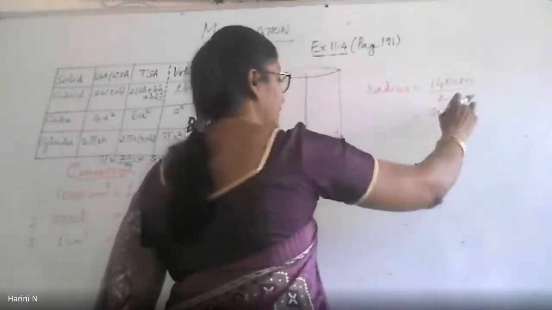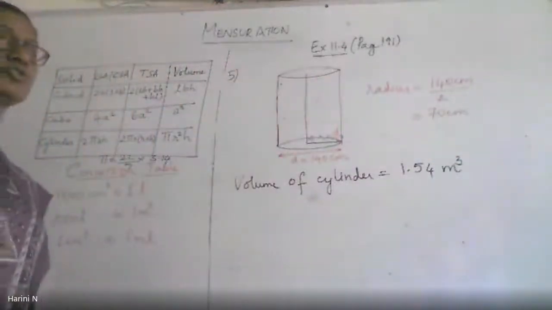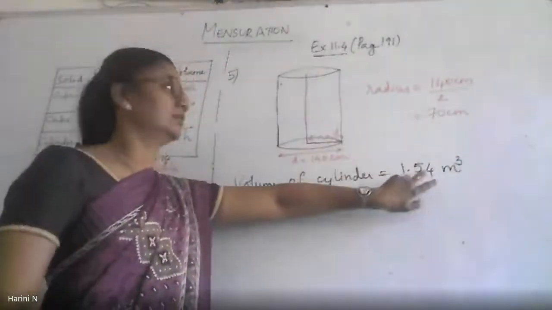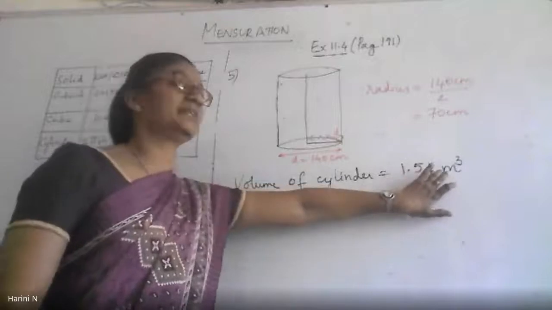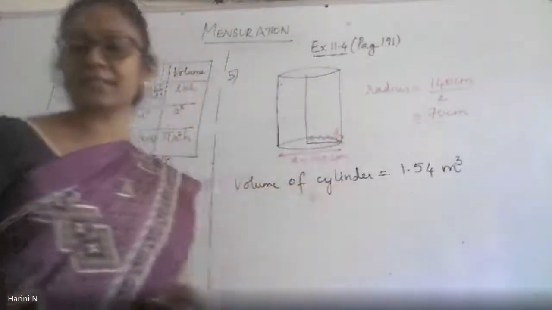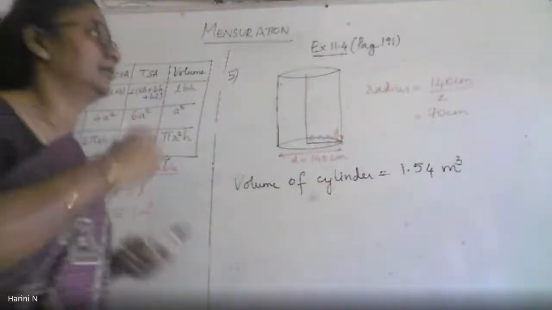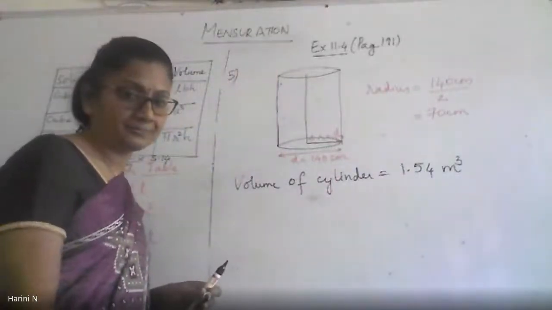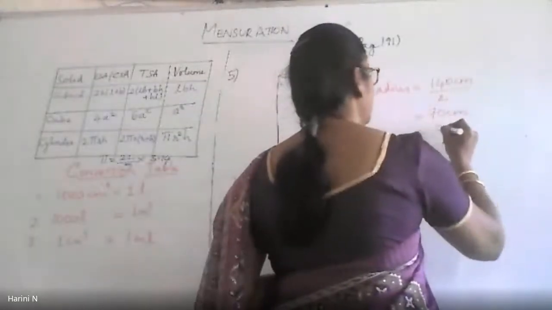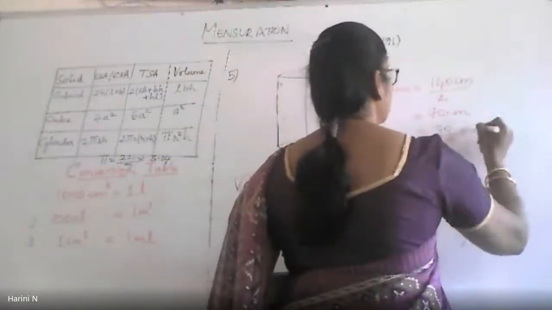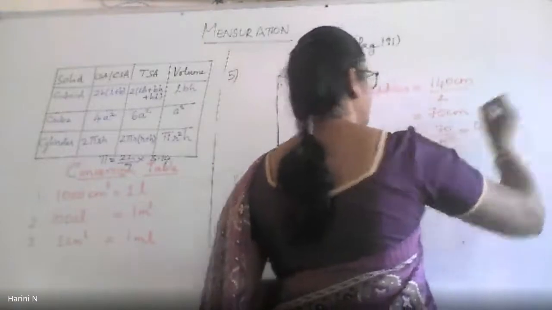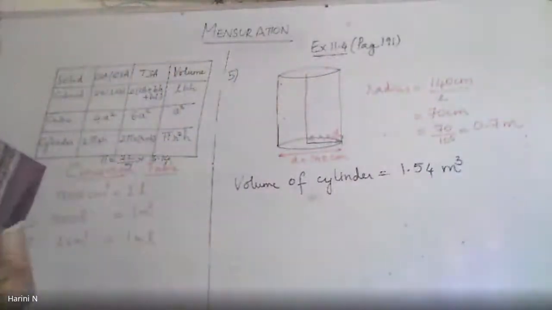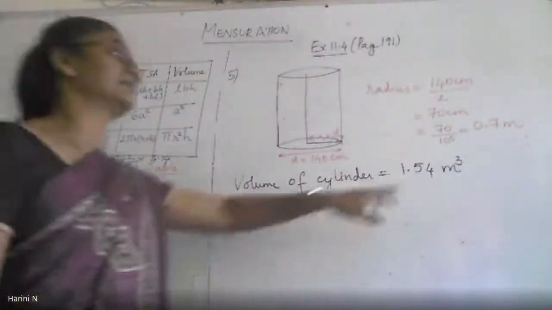This is centimeter, this is meter cube. What should you do? You should bring it to a common unit. Because the volume is already in meter cube, I will convert the 70 centimeters to meters. How many centimeters make 1 meter? 100. So you divide 70 by 100 to get 0.7 meters. Alright, so I have brought both of them to the same unit, that is meters.